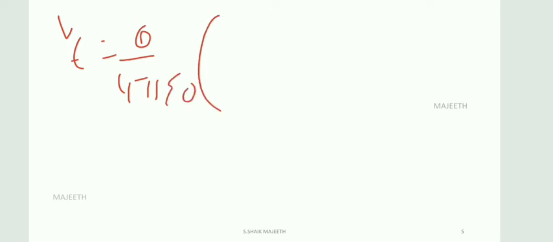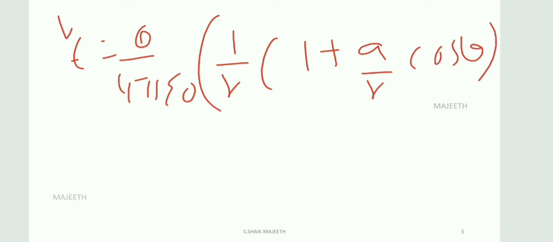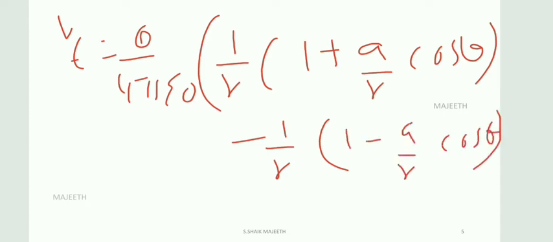Instead of 1 by r1, I substitute 1 by r into 1 plus a by r cos theta, and 1 by r2 is 1 by r into 1 minus a by r cos theta. So this we substituted. Now we simplify. 1 by r is common, so we can take 1 by r outside.